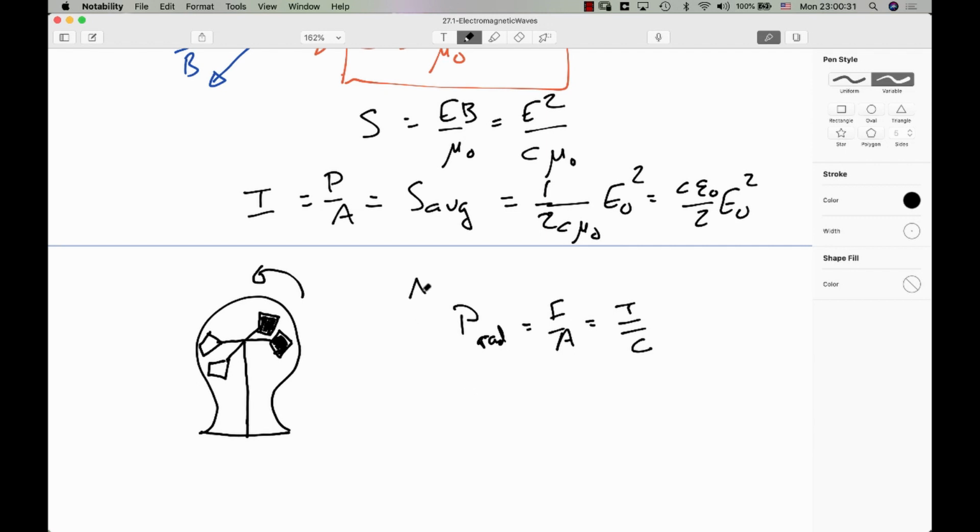That's if it's absorbed. If it's reflected, then it's equal to 2 I over c. Because if it's reflected, then the electromagnetic wave had to reverse direction, so there's double the momentum transfer, which meant the electromagnetic wave was exerting double the force.